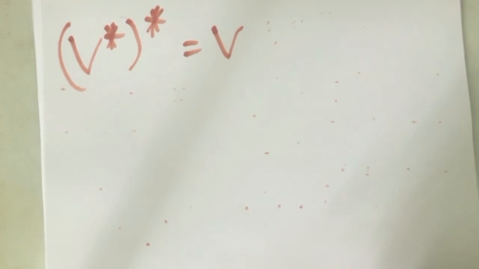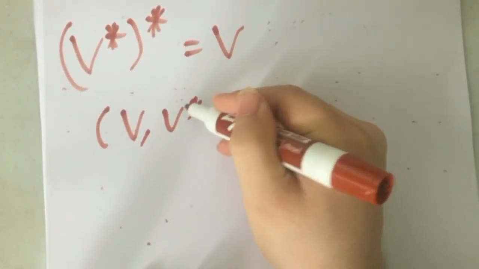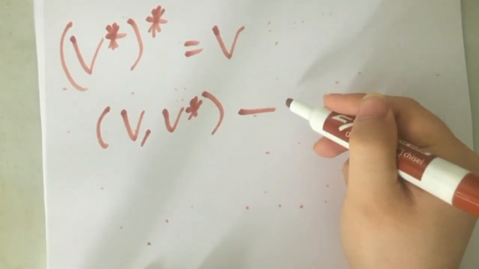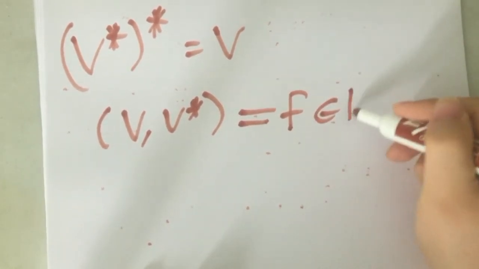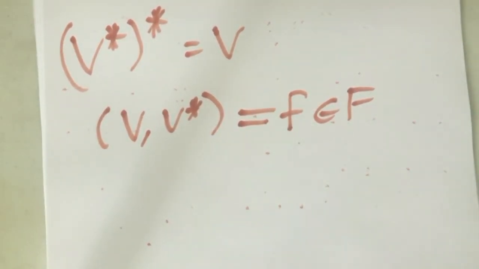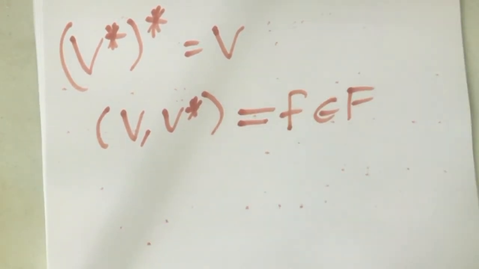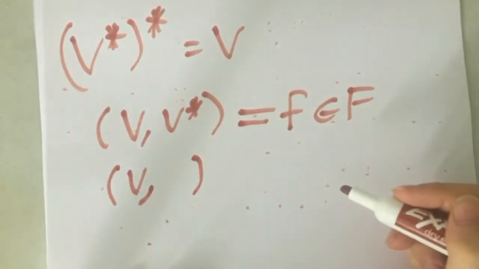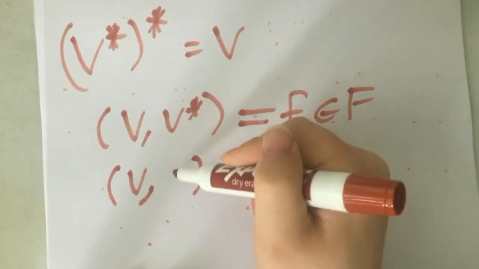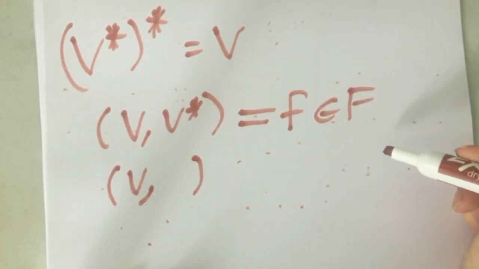Here's how you could view it. You take an ordered pair, v star and v, and this equals f, which is some scalar in your field. So these are vectors, and these are your scalars. If you have just a v, then this is a function which will take a v star input and give you an f according to some formula.